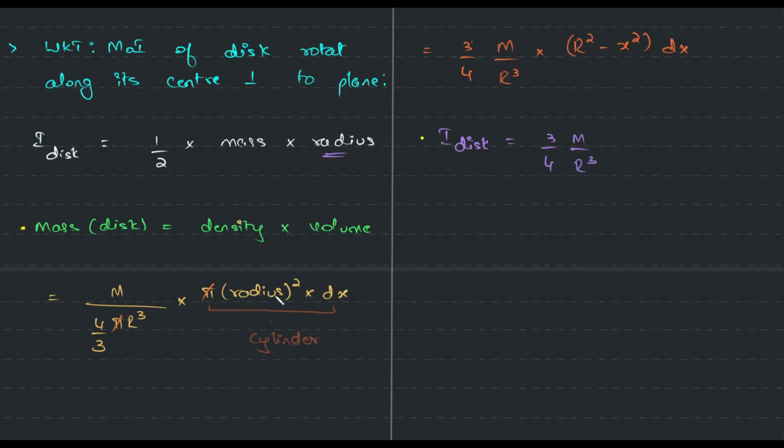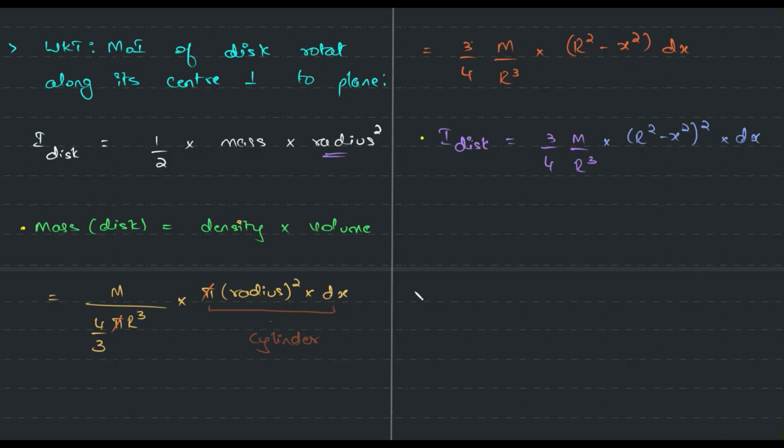Radius times radius will be radius square, my bad. 1 by 2 mass times radius square. It's always square. So this would be times r square minus x square, the whole square dx.